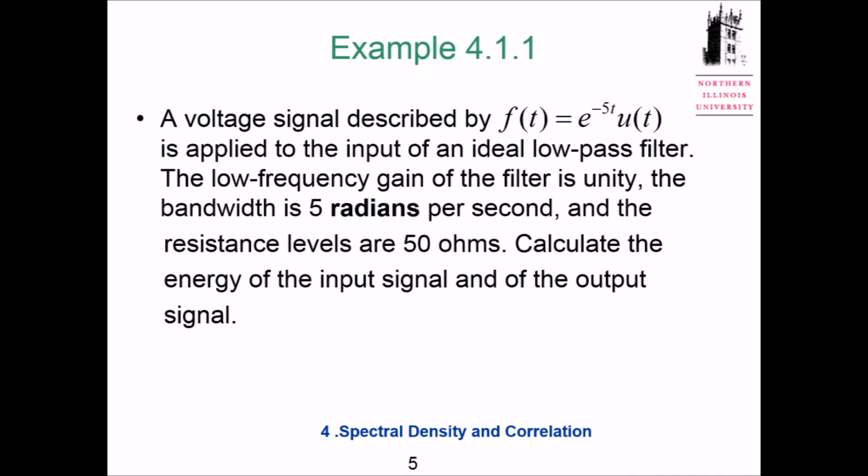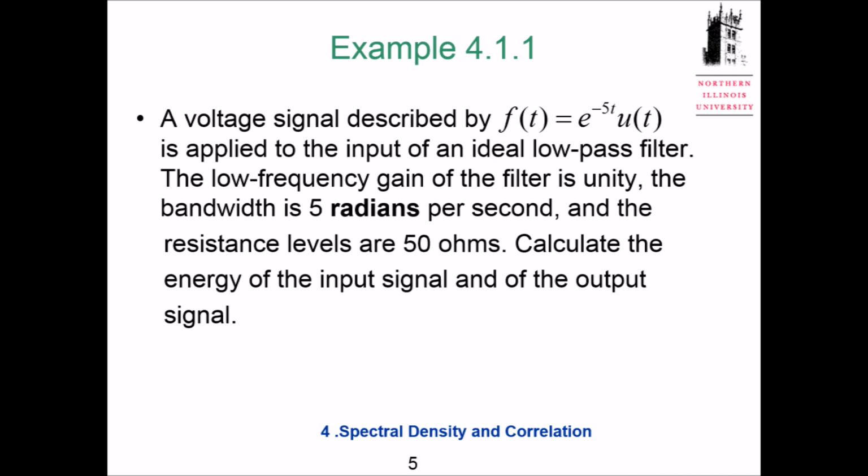So we have a signal, f(t). f(t) is a voltage signal, and f(t) is e^(-5t) u(t). This signal is passing through an ideal low pass filter. So, signal and system, right?